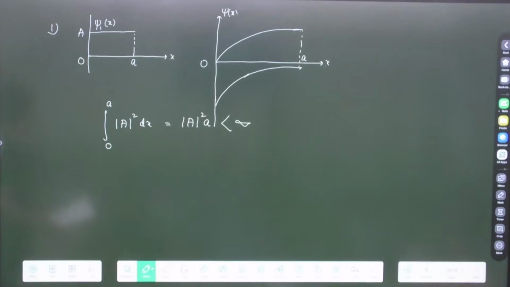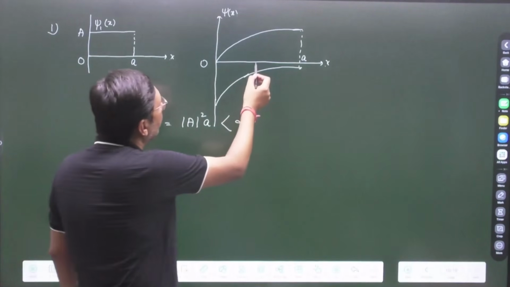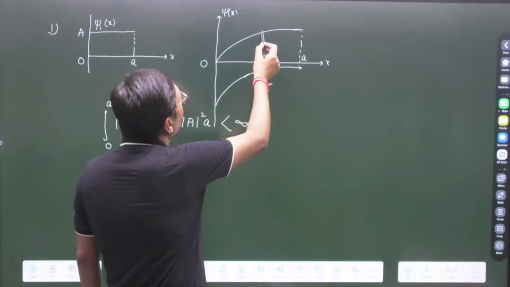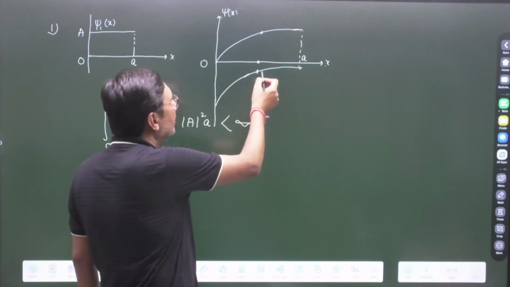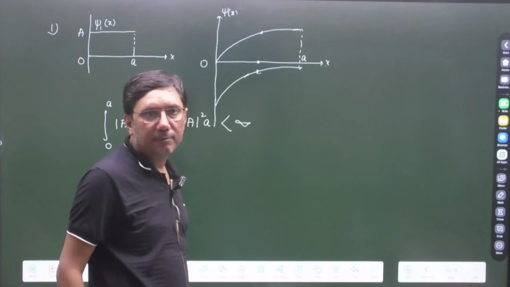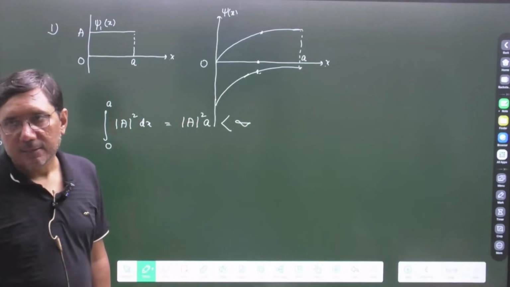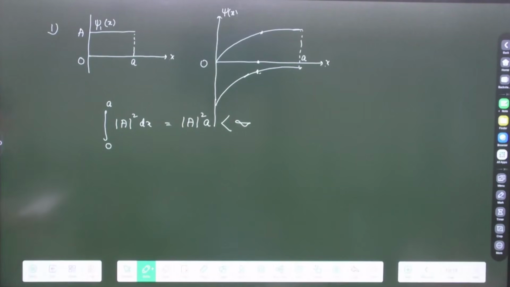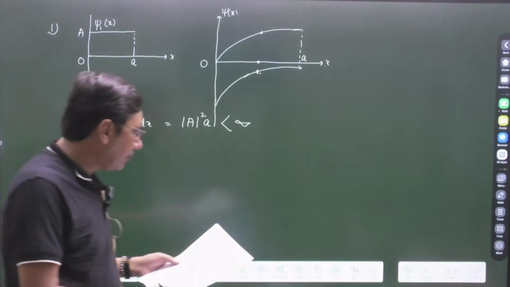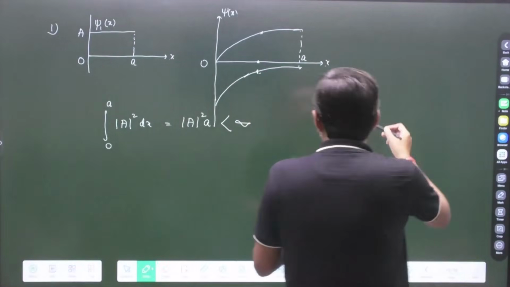At every point, at this point, you are having two different values. One is this, another is this. This will give some another probability. This will give you another probability. Okay? So, this is not acceptable. This is not single valued wave function.